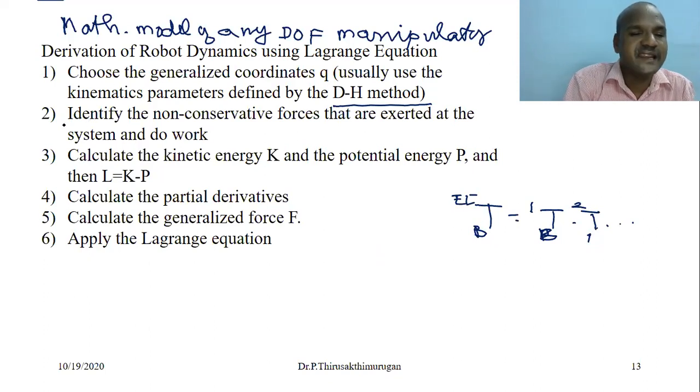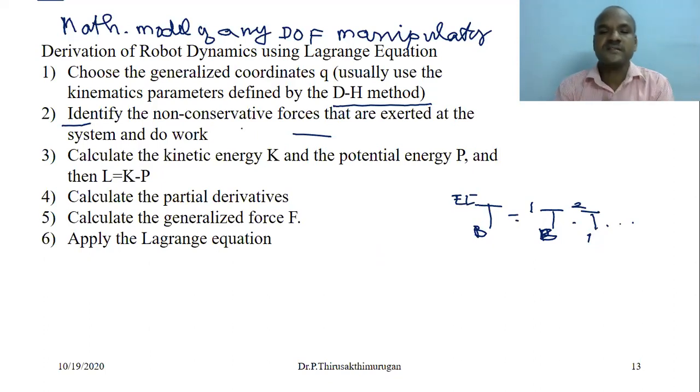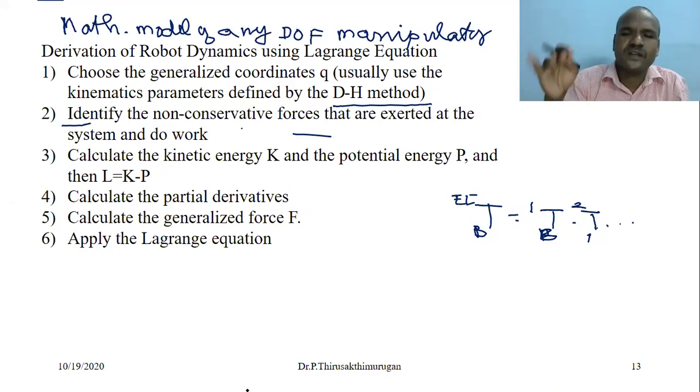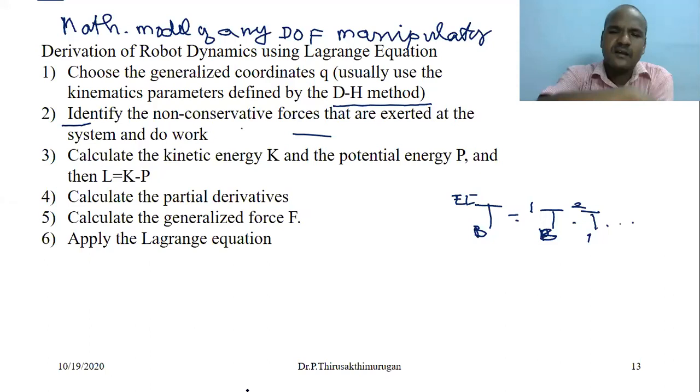Next is identify the non-conservative forces. What are the non-conservative forces acting on the robot manipulator to perform the task? Non-conservative forces are nothing but the torques, tau1, tau2, because of the motion.